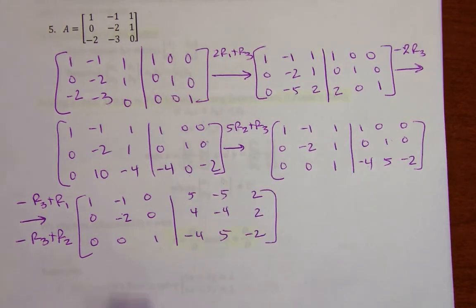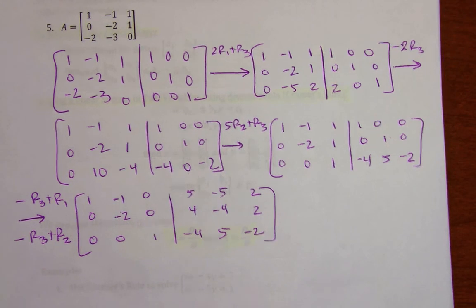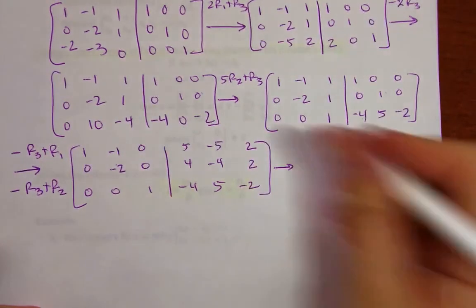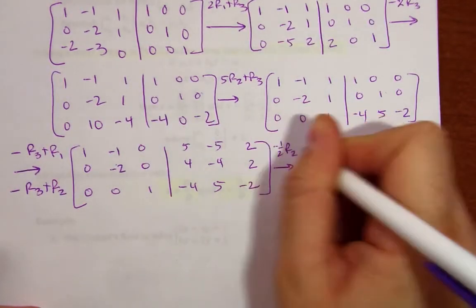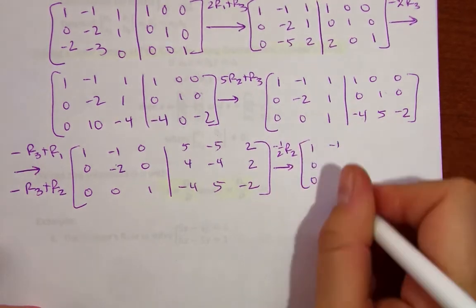Okay. Now you'll notice that I did not make this a 1 yet. It's a higher priority to get these as a 0, and then I can try and work these out nicely. So I'm going to multiply -1/2 times row 2, and then I'll use that for row 1. So moving this up a little bit, I'm multiplying -1/2 times row 2, 1, 0, 0, negative 1.